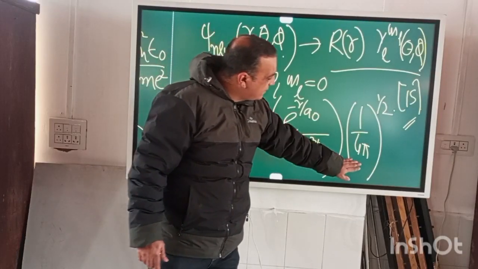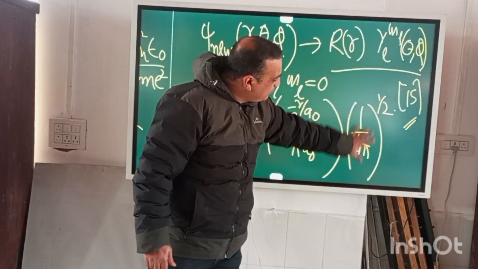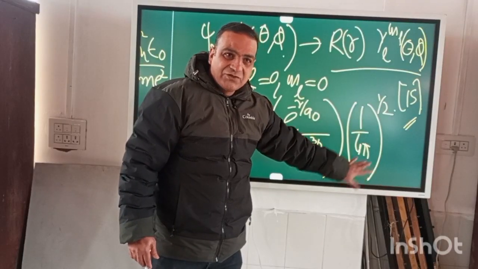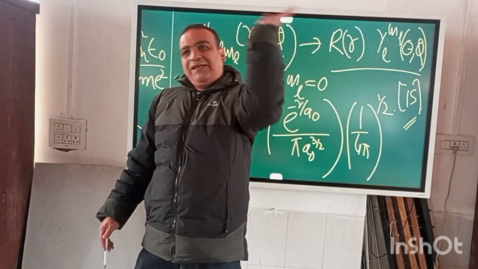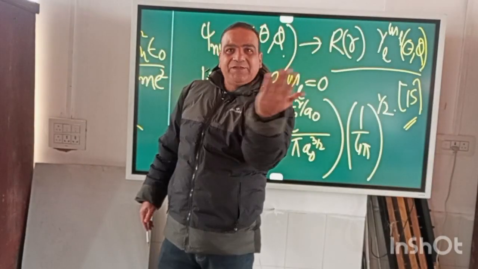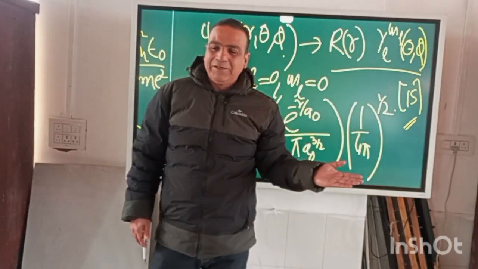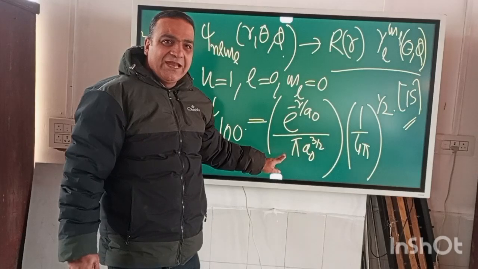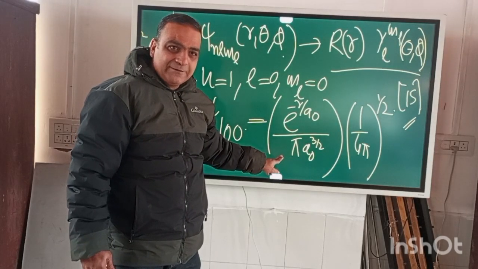And that's coming as a result here. We can see that this part is purely a constant. So wherever the electron is with respect to theta, wherever the electron is with respect to phi, it doesn't matter, because it is a constant, right? So what is changing here is the radial part.